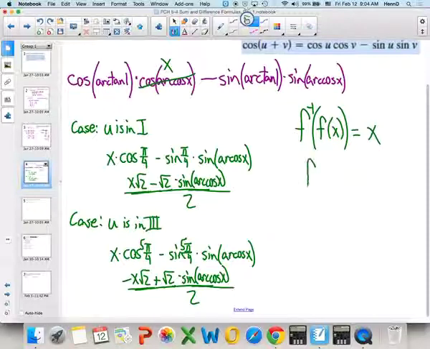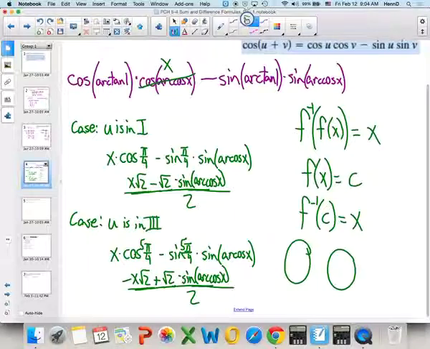In other words, f will take x over here to c. F inverse takes c back where we started, to x. So that's why. These are just inverse functions.